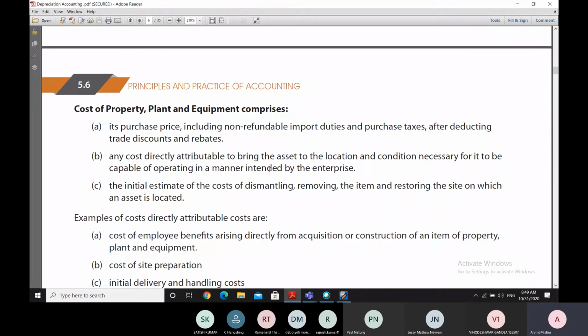So here we have to understand that we have to include the cost which is incurred to bring the asset to that location, as well as the cost which is incurred to bring the asset to a condition which is necessary for it to become capable of being used in the manner which is intended by the enterprise.